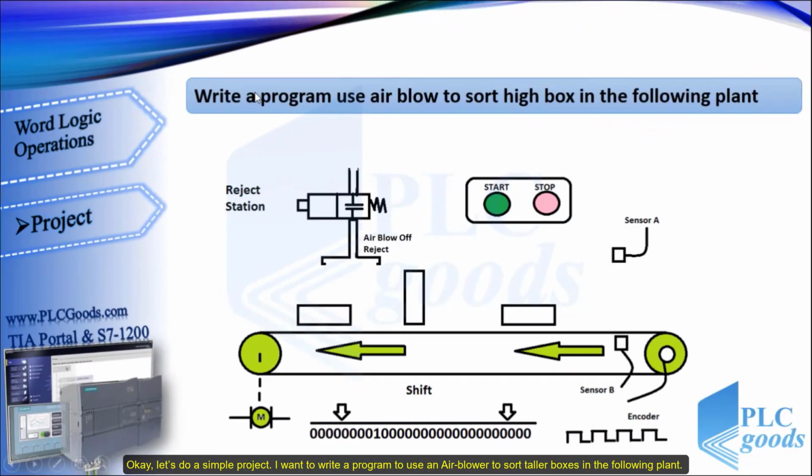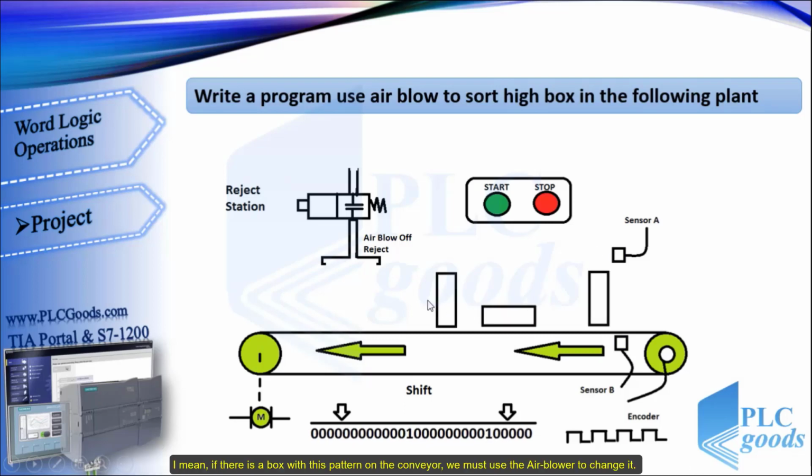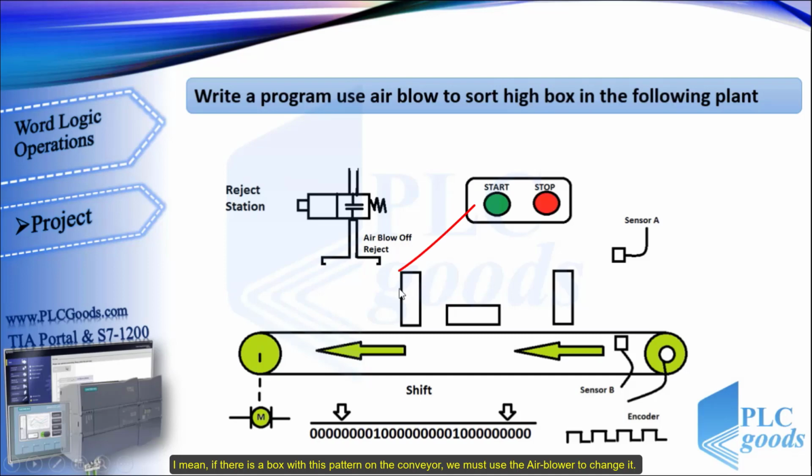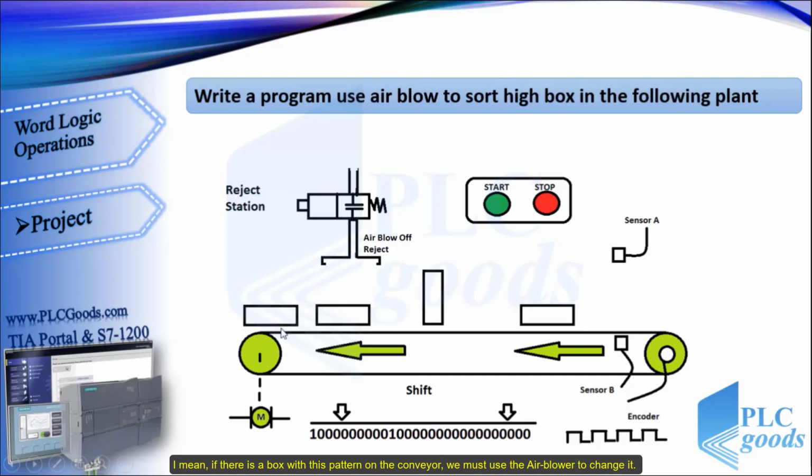Okay, let's do a simple project. I want to write a program to use an air blower to sort taller boxes in the following plant. I mean, if there is a box with this pattern on the conveyor, we must use the air blower to change it.